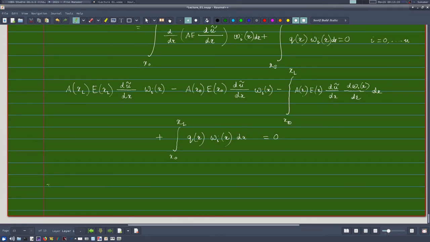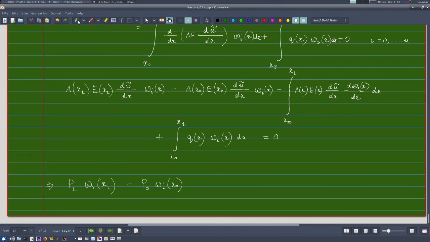Therefore from here this term is P_L into w_i(x) at x equal to L, minus P naught into w_i at x naught. So these two terms have been written here in terms of force boundary conditions.